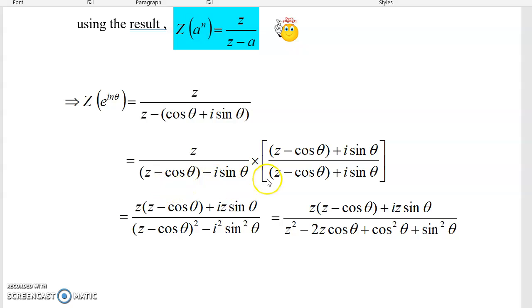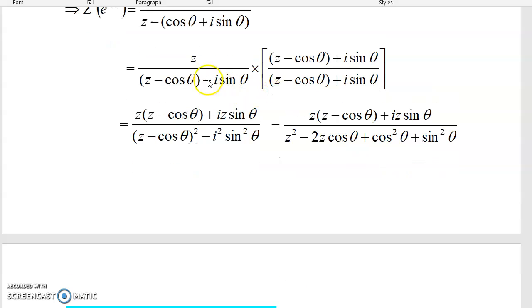So the conjugate of this term is z minus cos theta plus i sin theta, multiplying and dividing by the conjugate. And now the numerator will become z into z minus cos theta plus z into i sin theta, divided by, now look at the denominator, it is a minus b into a plus b. So it is a squared minus b squared formula.